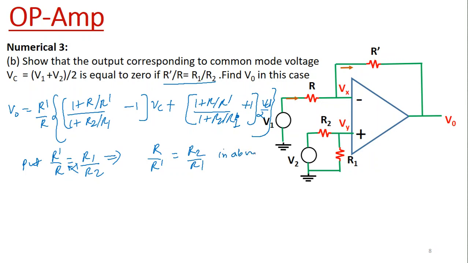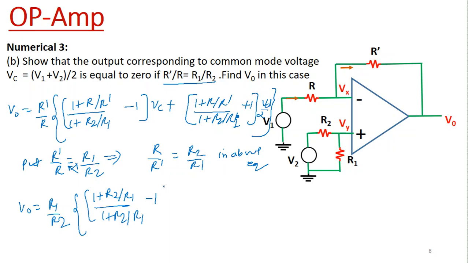In the above equation, we get V0 is equal to R1 by R2 whole multiplied by 1 plus R dash by R, which is equal to R by R dash is equal to R2 by R1. So it will be R2 by R1 divided by 1 plus R2 by R1, minus 1 into Vc, plus 1 plus R2 by R1 divided by again 1 plus R2 by R1, plus 1 into Vd by 2.